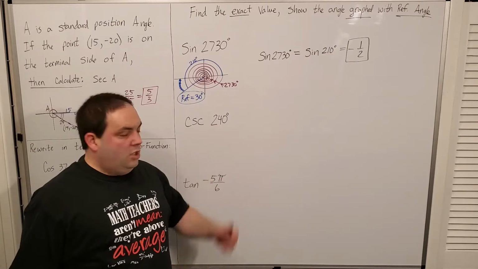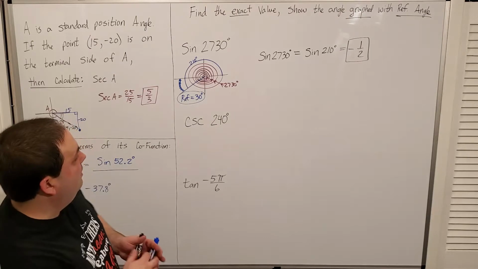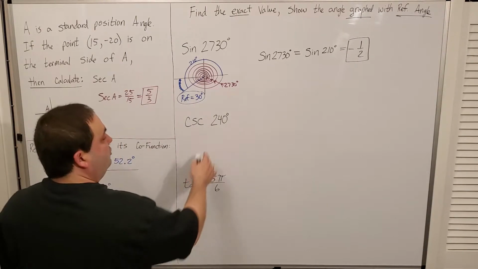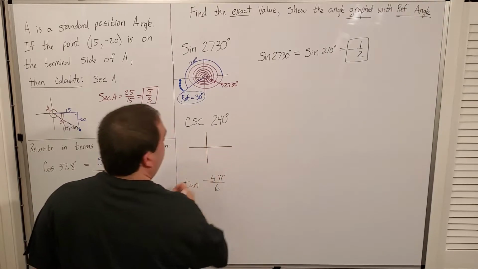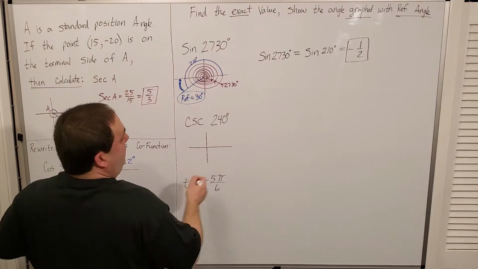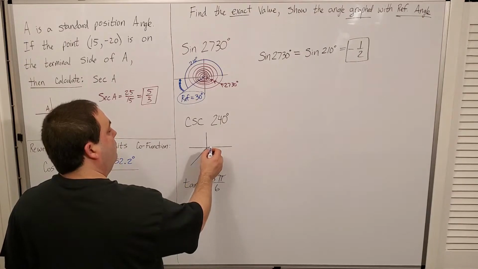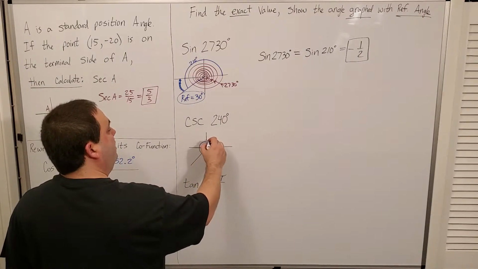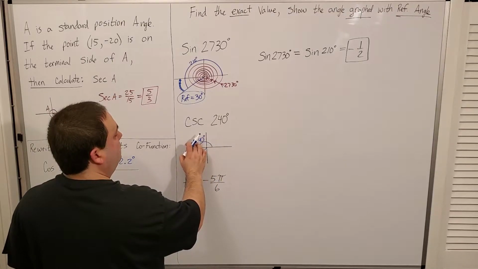Okay, next, 240 degrees. Very similar idea here. 240 is less than a full circle though, so I don't need to divide it out or anything. I know 240 degrees is also in quadrant 3, like so. So I will graph the 240 degrees, like so.